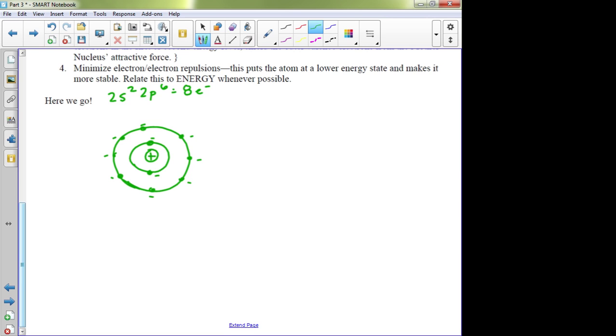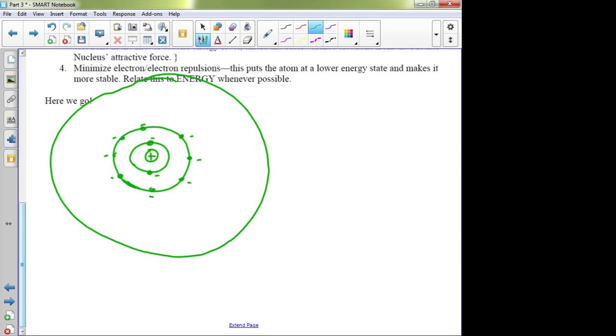But then I notice when I get to the third energy level, all of a sudden, the distance between my energy levels has gotten a little bit bigger. Well, I drew it a lot bigger so you could tell the difference, but you get what I'm saying. It got bigger, okay? So why are these electrons pushed so far out? Because of electron shielding.